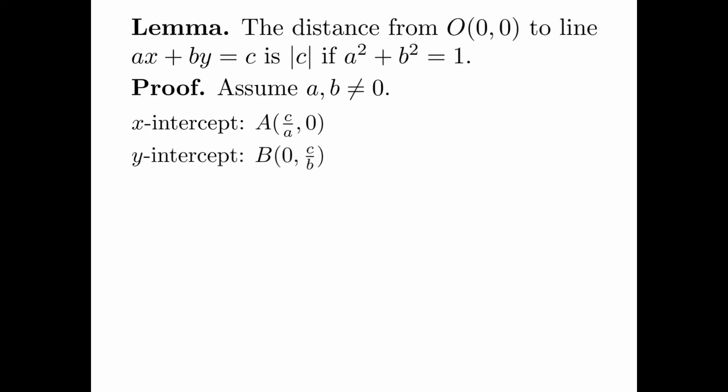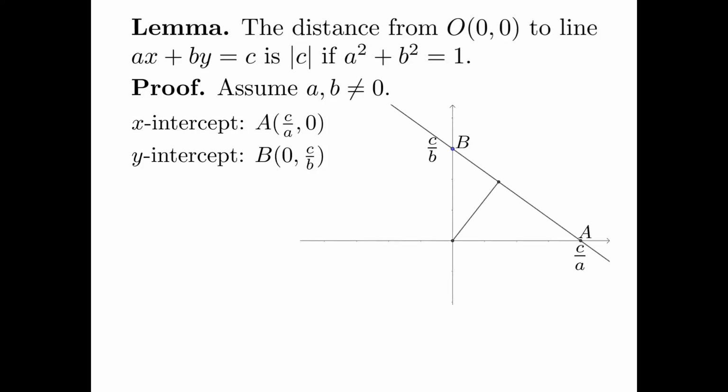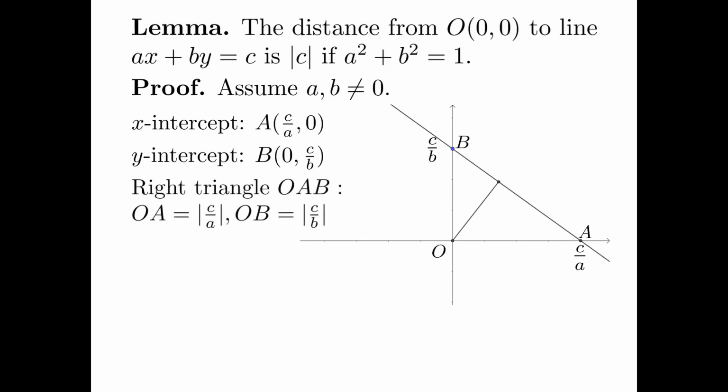Similarly, the y-intercept would be c over b, assuming x equals 0, solve for y. In this case, we establish a right triangle OAB, with OA equal to the absolute value of the x-intercept, OB the absolute value of the y-intercept. We use absolute value because we don't know whether a, b, c are positive or negative.